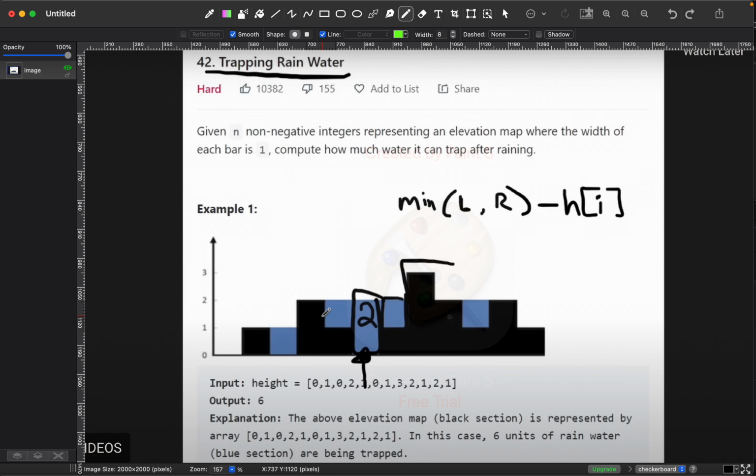I just don't know when it starts calculating, in my opinion. But I go to here, minimum level is 2. Here, still the 2.